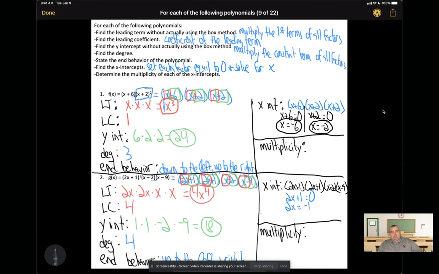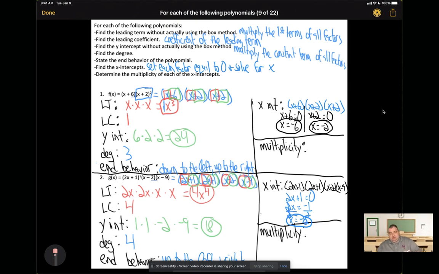But because of the 2x, I'm going to have to divide both sides by 2, and I'm going to end up with x equals negative 1 divided by 2. So that's going to be negative a half. So x equals negative 1/2 is my first x-intercept. And I'm actually going to get that twice, right? X equals negative 1/2 twice because of the 2x plus 1 occurring twice.